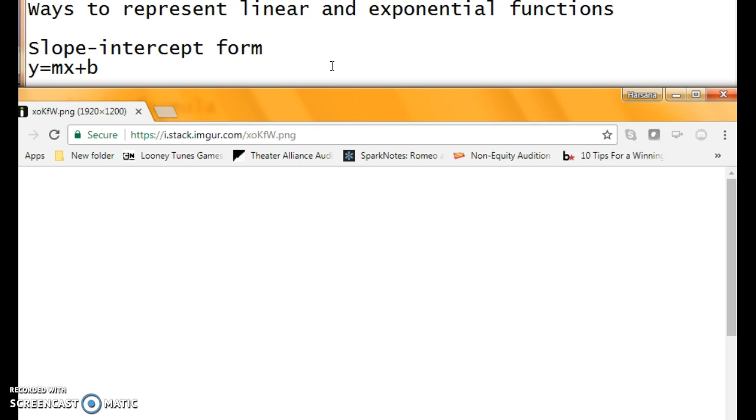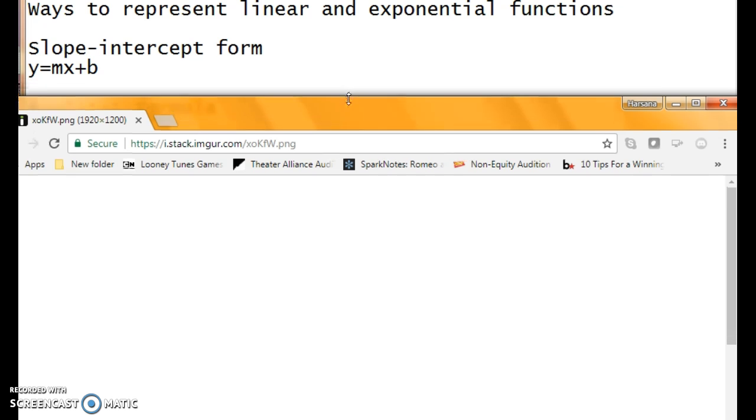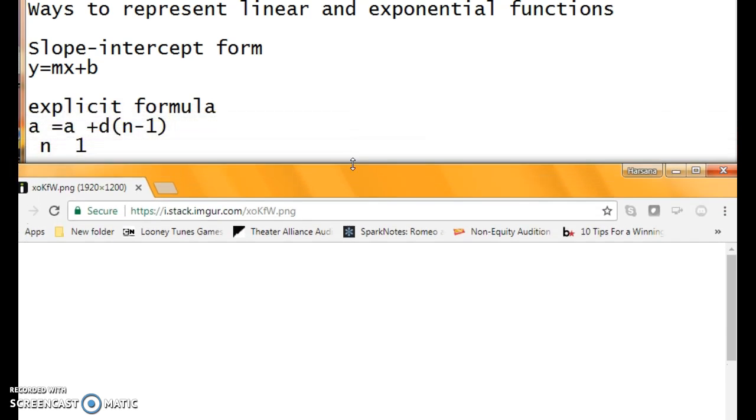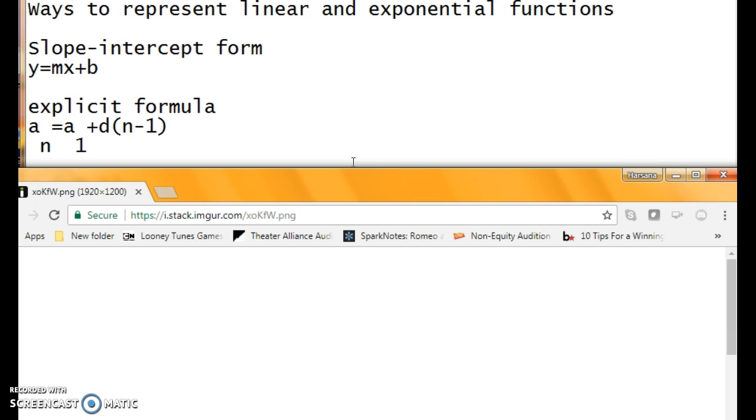But there are more ways to represent an equation than that, such as a graph and a point, 2 points on the line. But we also know that you can use explicit formulas, which are other equations. a sub n equals a sub 1 plus d times n minus 1.